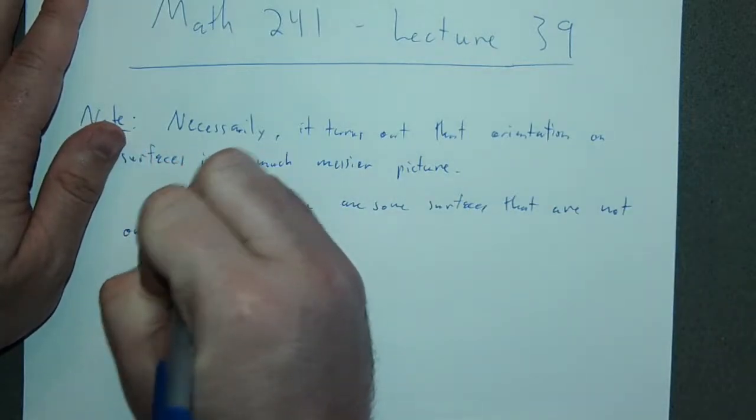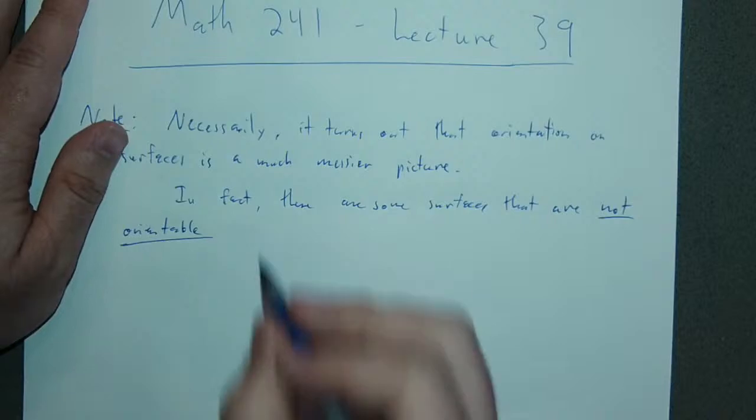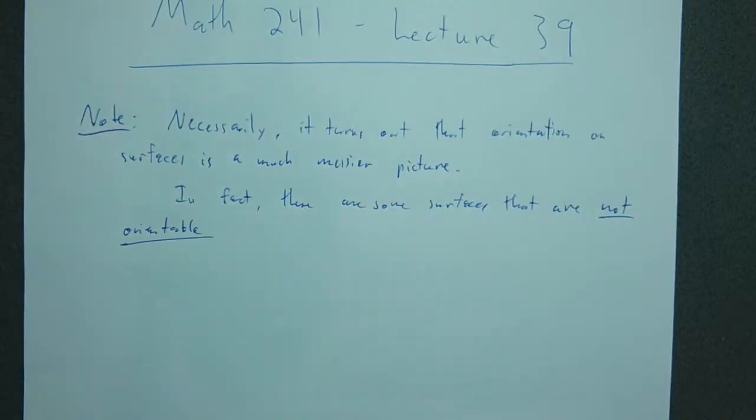So what does orientable mean? Orientable means that you can coherently define an orientation on the whole surface, in the sense that if I pick a point on the surface and I move along some nice enough path and traverse the surface, there's some nice, smooth, or continuous way of defining a normal to the surface at that point.